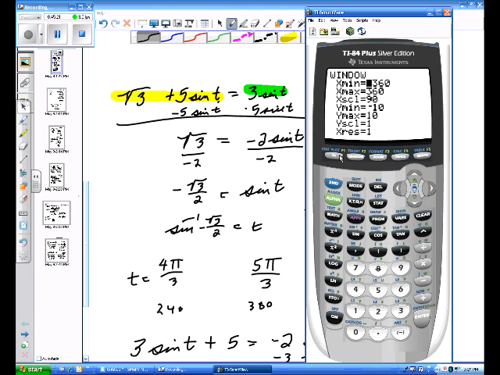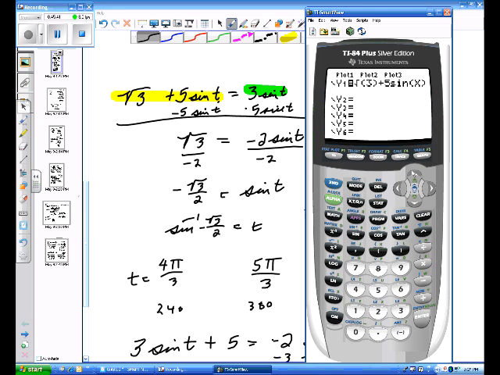Now what we're going to do is go to y equals, and for y sub 1, we're going to put in the left-hand side, the square root of 3 plus 5 sine x.